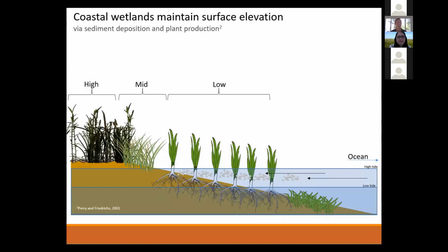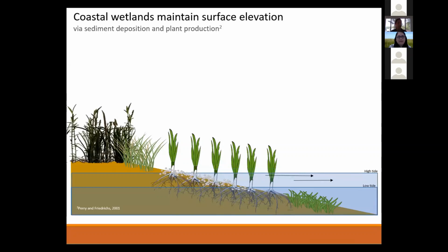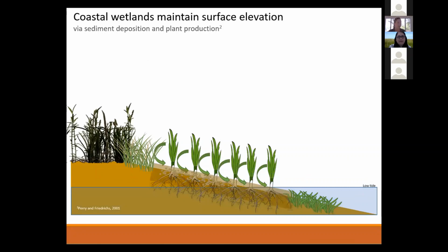This flooding regime is really important for maintaining surface elevation. As the high tide comes in, it deposits sediment onto the marsh that's slowed down by the presence of vegetation. And as that vegetation dies, it contributes organic matter that sediment can further deposit back onto, helping the coastal wetland keep up with relative sea level rise.